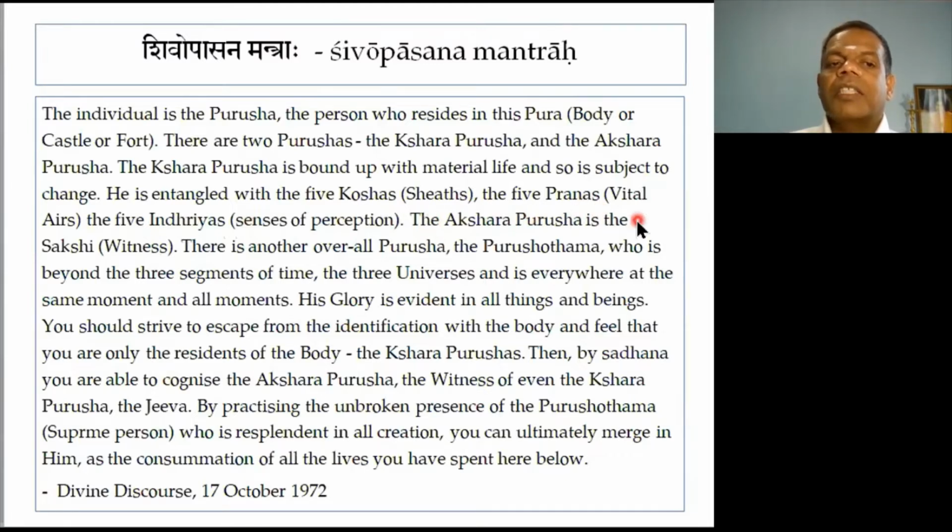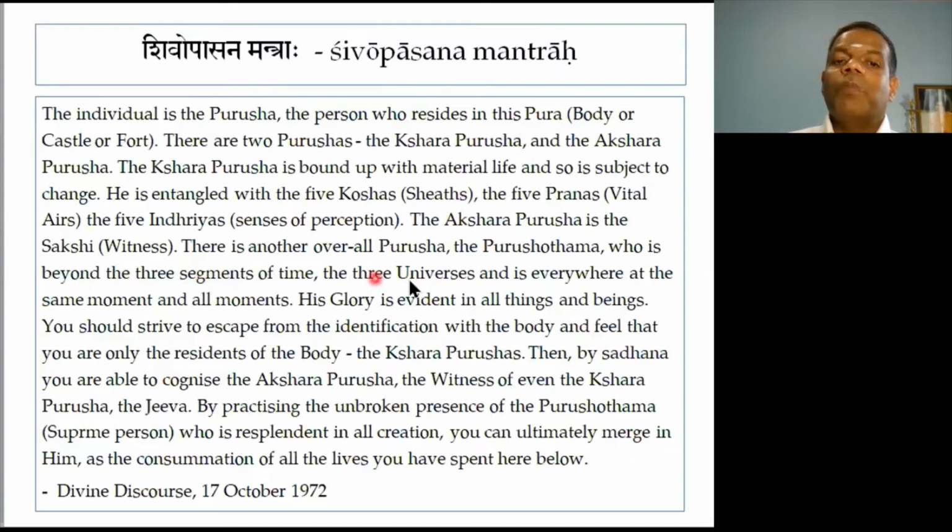The five pranas, the vital airs: Prana, Apana, Vyana, Udana, Samana. And the five indriyas, or senses of perception: eyes, sight, smell, taste, touch, and hearing. The Akshara Purusha is the Sakshi, witness.